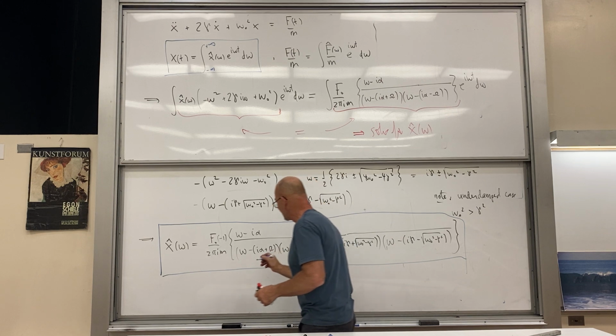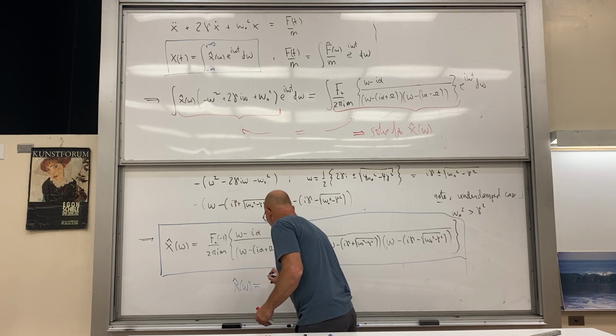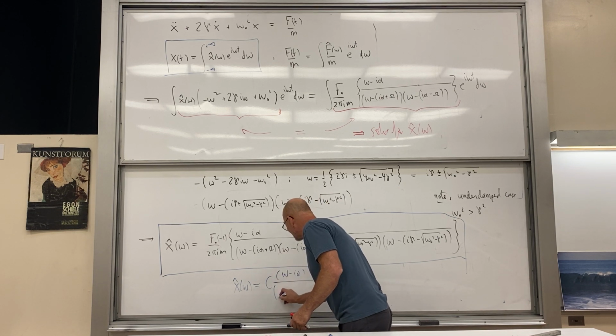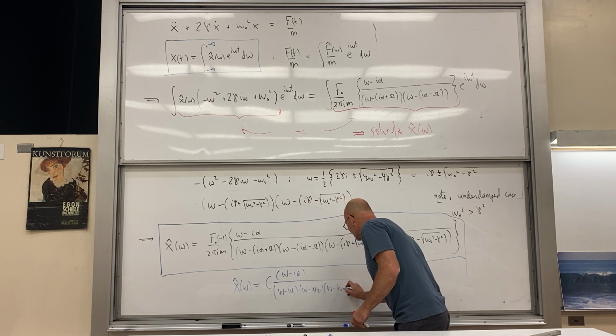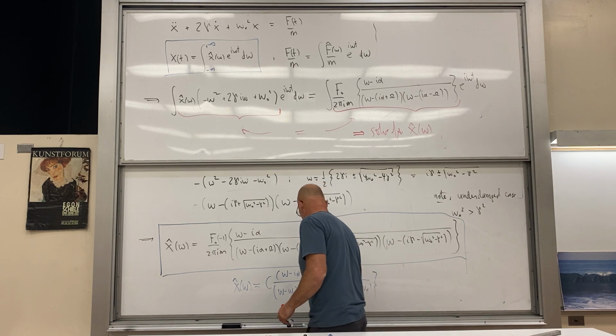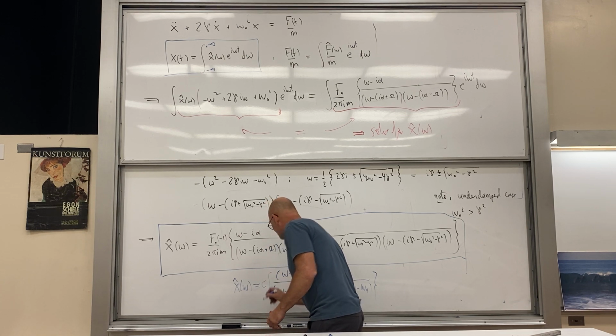And again, let me point out that the form of this thing is just some constant times omega minus i alpha divided by omega minus omega 1, omega minus omega 2, omega minus omega 3 times omega minus omega 4. I'll put some nice parentheses here. Some constant. Okay.